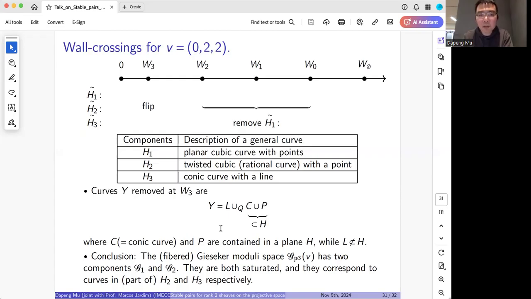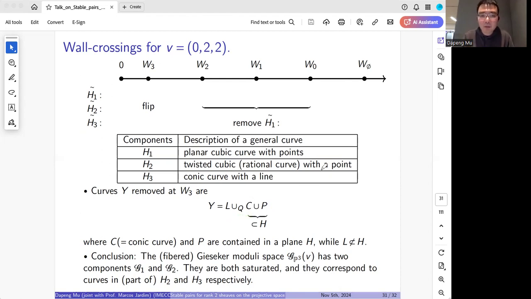Strictly speaking, one of the components corresponds to curves in H2, but not in the following form. Because W3 kills these kinds of curves, that are a line union a point with this conic. Sorry, this is a very degenerate case of a twisted cubic, which is a line and a conic.